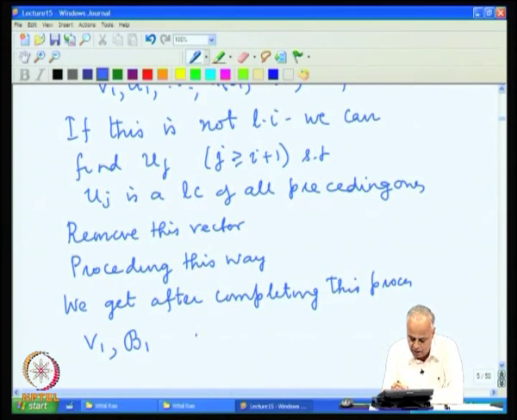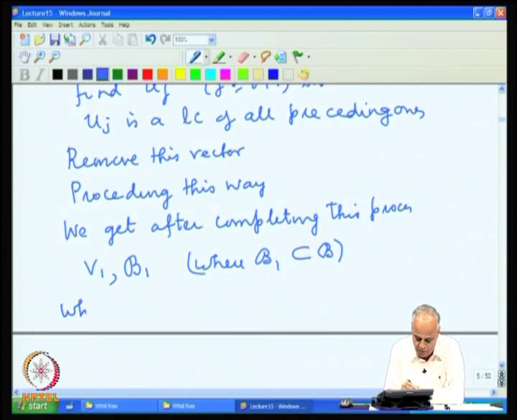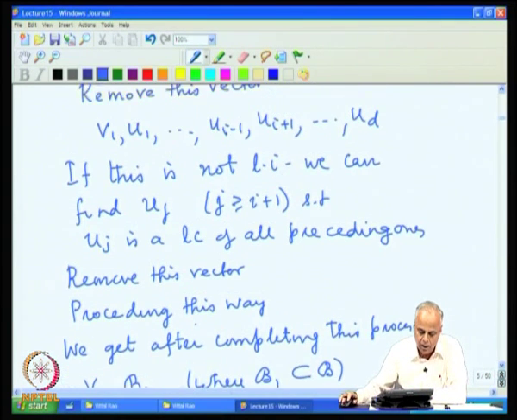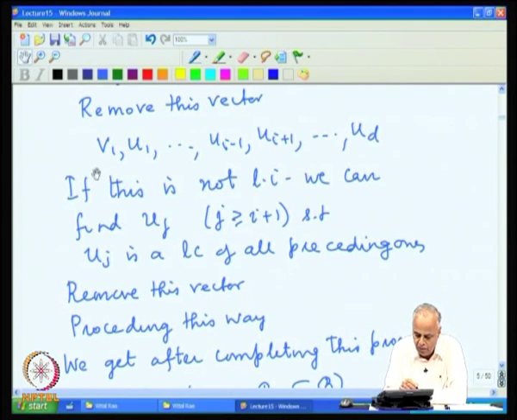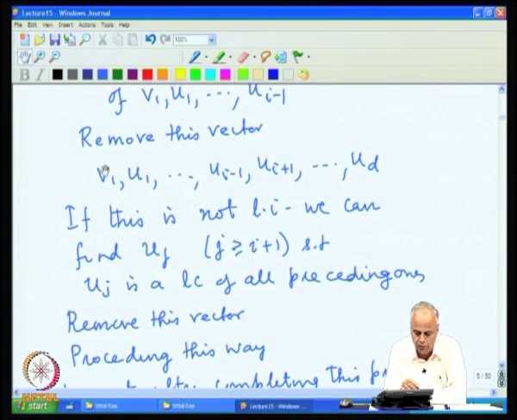We will write it like this, where b1 is a subset of b, which is linearly independent, and therefore all the unnecessary vectors have been removed, no more to be removed. Whatever could be spanned by v1, u1, u2, ..., ud could also be spanned by v1 and b1 because only redundant vectors were removed, and what v1, u1, ..., ud can span is all of w because u1, ..., ud already spans w.